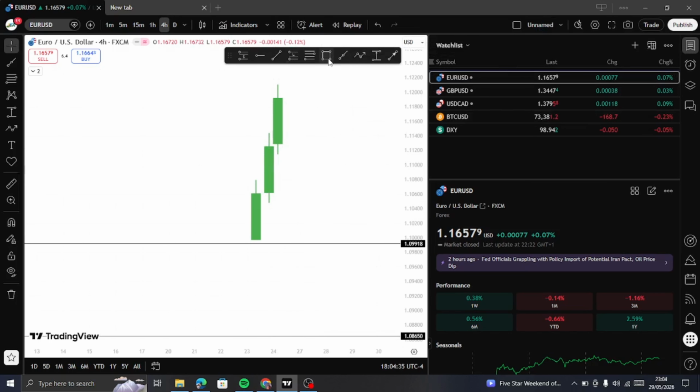the fair value gap, which is the most popular one most people know. So a fair value gap must be 3 candles, but one thing I need to tell you is that it must not be a big candle. When I was learning back then, I used to think a fair value gap must be a big candle, but it can be a small candle.